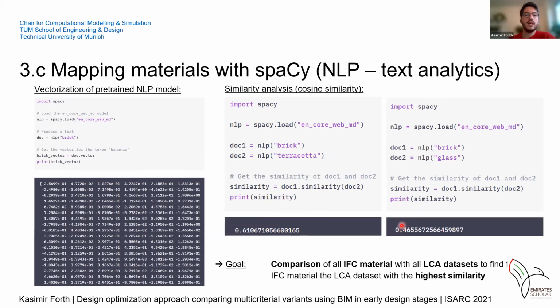So in this case, we know brick is closer to terracotta than to glass. In the end, the workflow is that I compare all IFC materials with all LCA data sets in my standard component database and find for each IFC material or IFC element the LCA data set with the highest similarity.